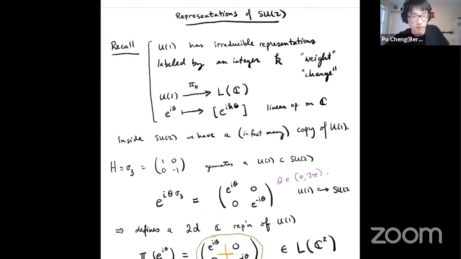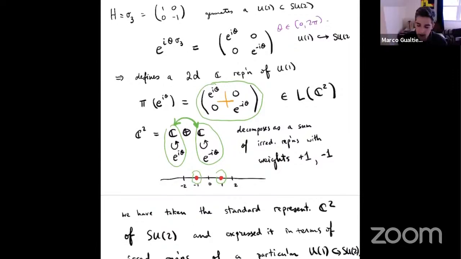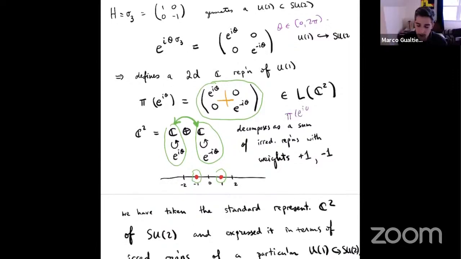From U1 to SU2, and then from SU2 to the pi of e to the i theta. Okay. Yeah. It's in a unitary group, right? It's a unitary representation.